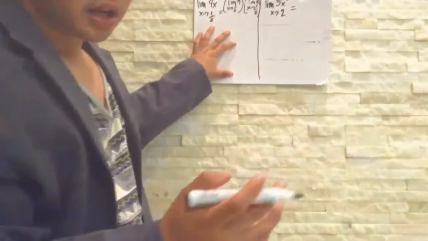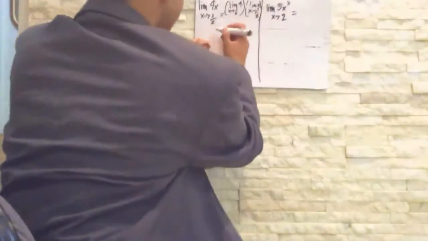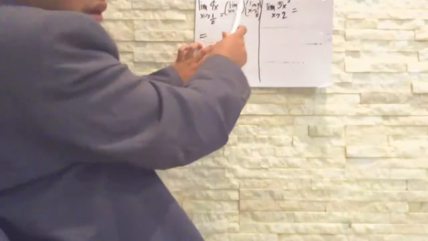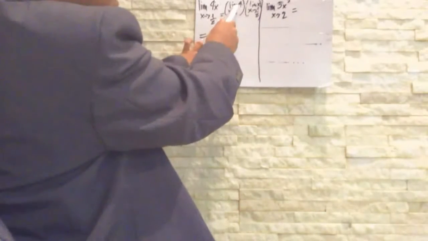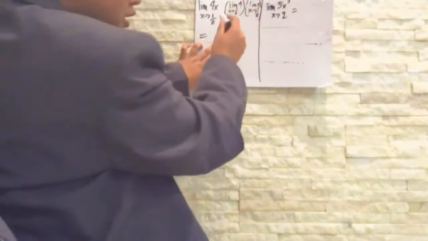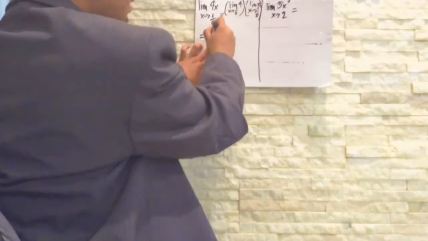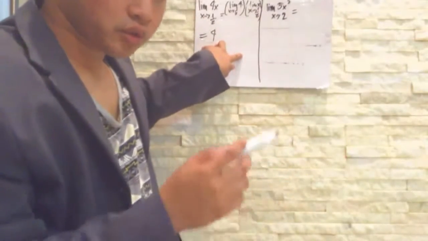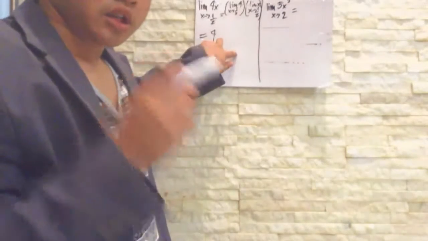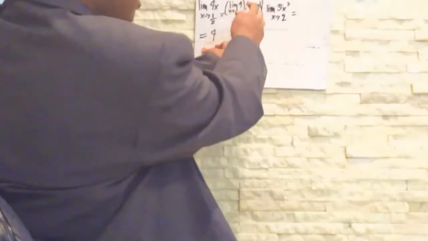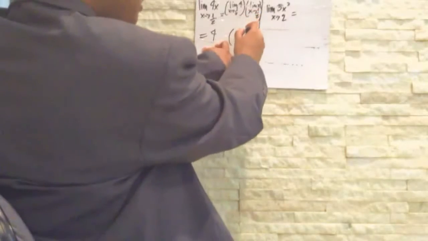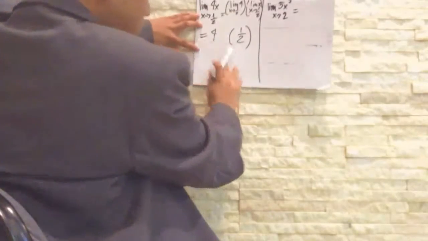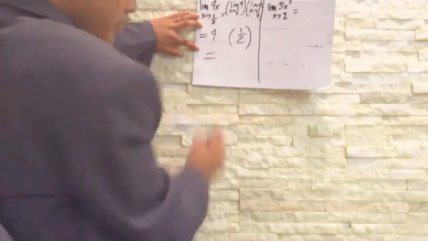Just like the first example, we will apply the first rule, which is the constant theorem. The limit of 4 as x approaches 1/2, the constant here is 4, and for the other term we will use the second rule, which is the limit of function of x. We will bring down 1/2 because 1/2 is the constant on the second term. So we will multiply them. The answer will be 2.